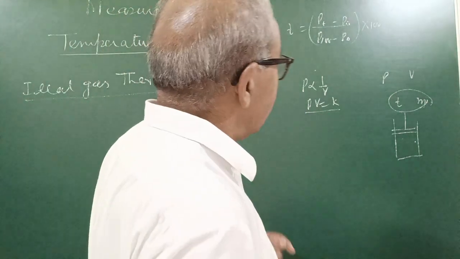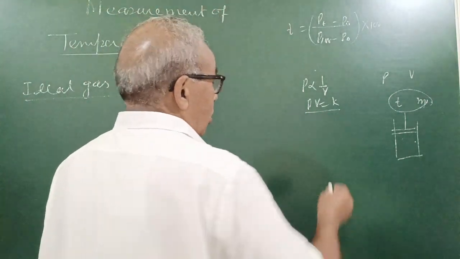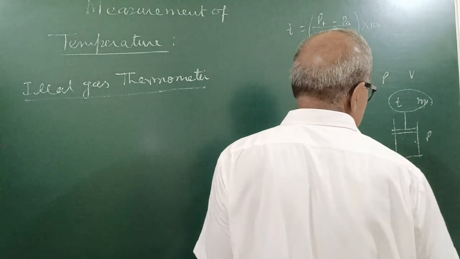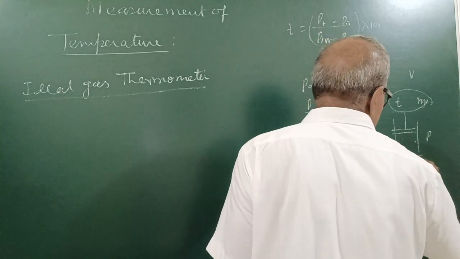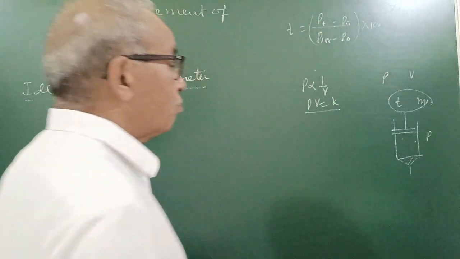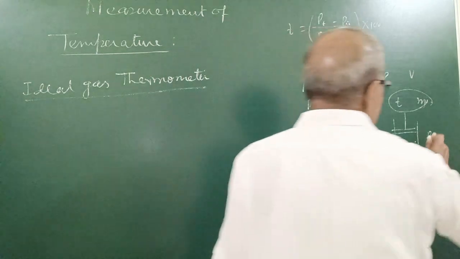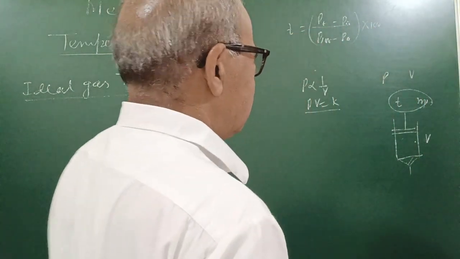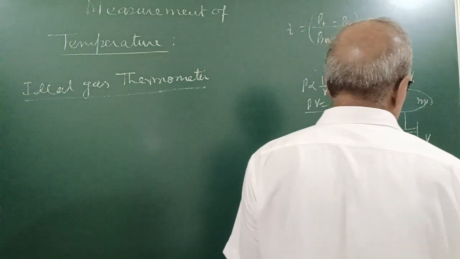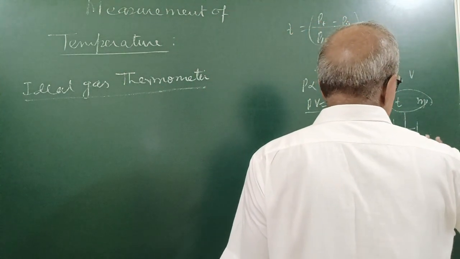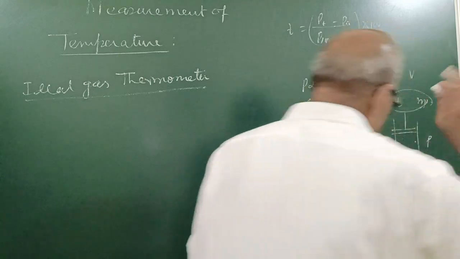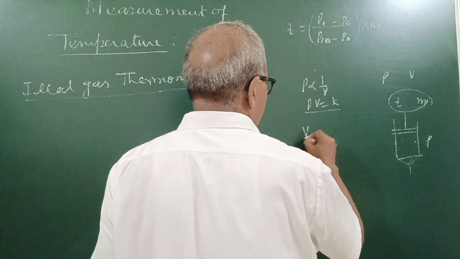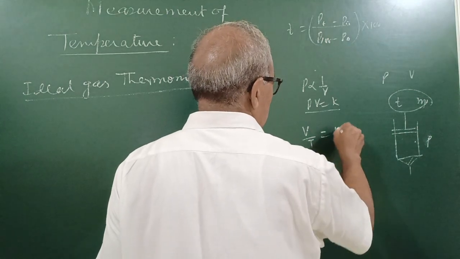Then there is one more law, Charles's law. What is that? If we keep pressure constant and change the temperature, then V upon T is equal to constant.